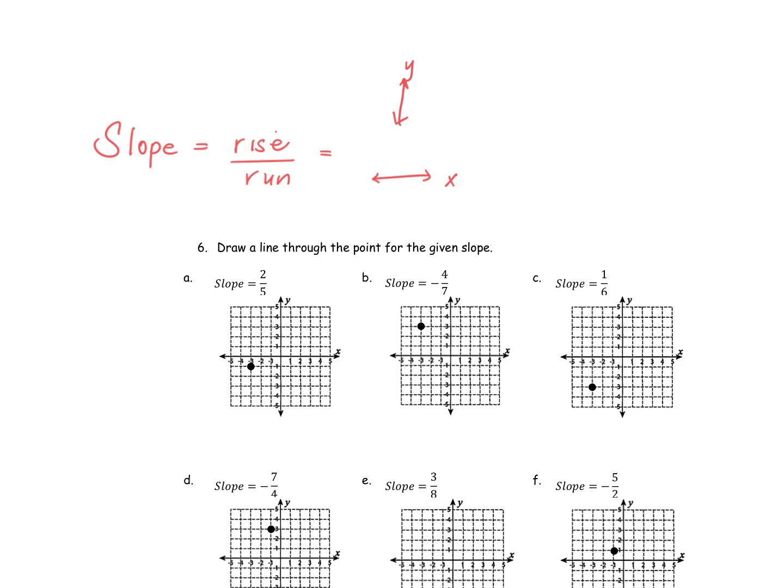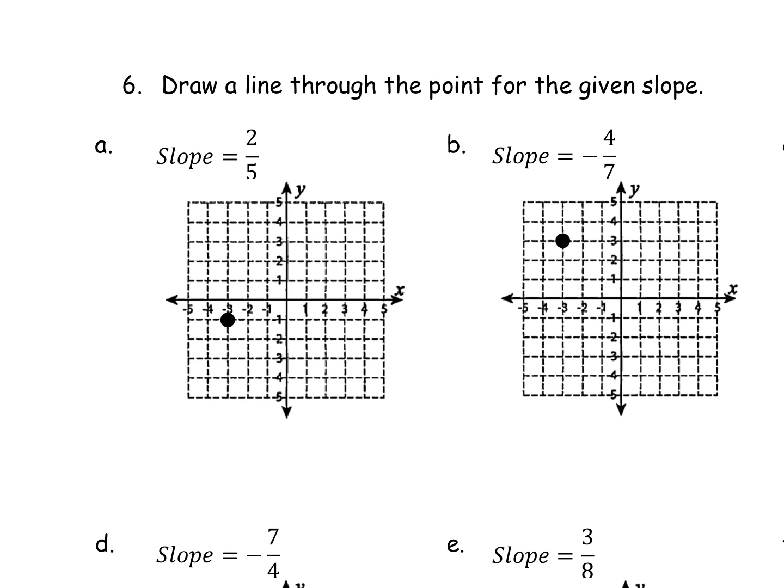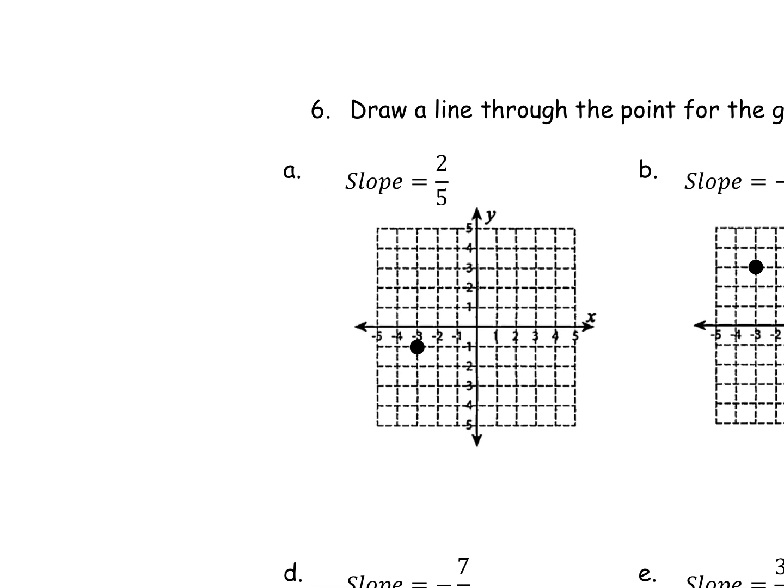When I look at this first graph in question number 6, I'm going to blow this up a bit. It says draw a line through the point for the given slope. So what I'm trying to do is apply the slope of 2/5 onto this graph. When your slopes are positive, your line will go up.